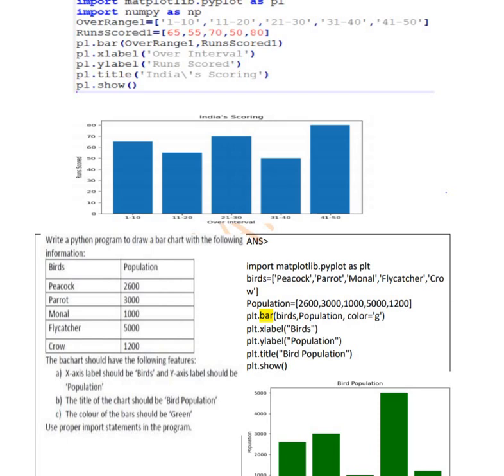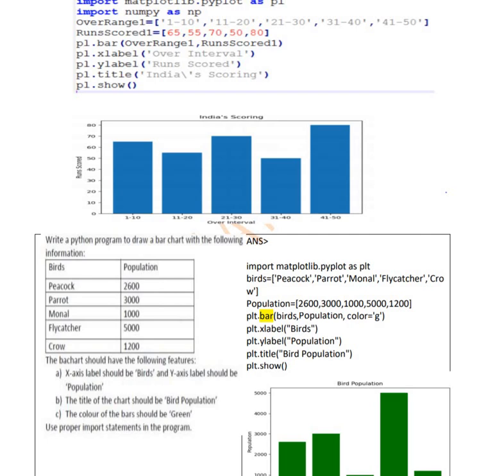So in the answer portion you can notice, first of all we are importing the required module, then we have created two lists, and in the next line we are calling the bar function. The first parameter is birds, the next parameter which is used for the y-axis is population, and as per the question we need to specify color also. So we are passing a third parameter color, and the value is g, which represents green.